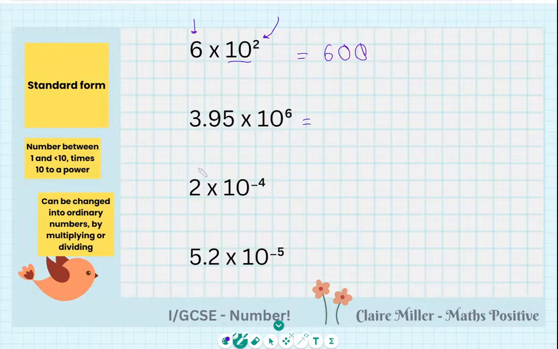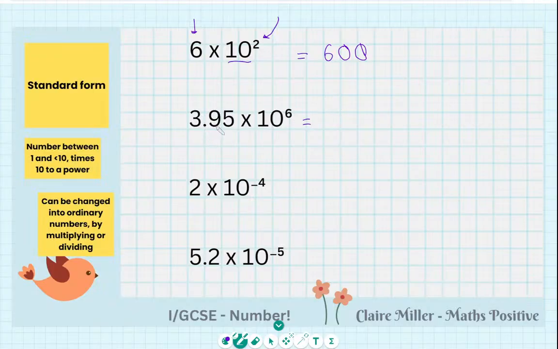Okay, then we've got 3.95 times 10 to the power of 6. 10 to the power of 6 is a really good one to learn. 10 to the power of 6 is a million. So this is going to end up being 3 million and something. I'm sure you know a lot about how to times and divide by 10 by moving decimal points or moving numbers relative to decimal points.